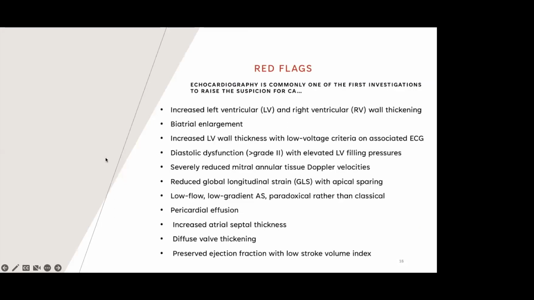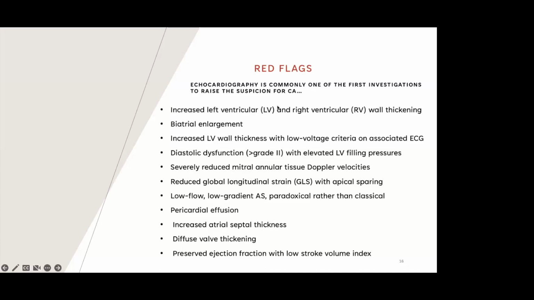So these are some of the red flags that we should all be thinking about when we see a person with increased LV wall thickness. Are there any other signs that could point us to the diagnosis? Echo is often the first test we get that should raise the suspicion for cardiac amyloid.